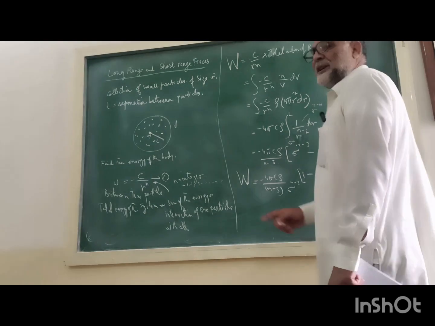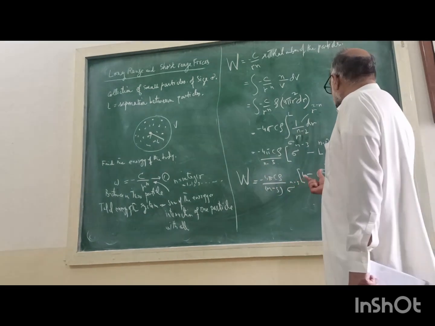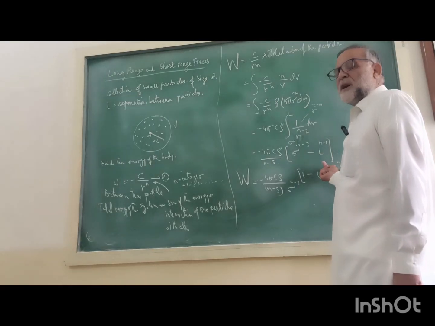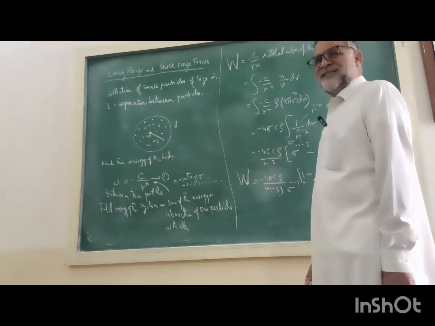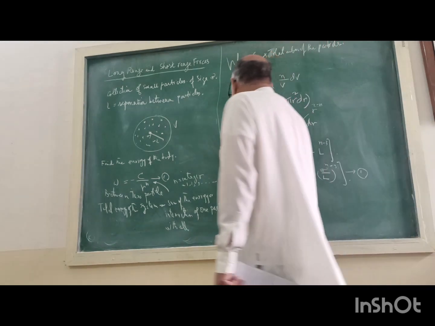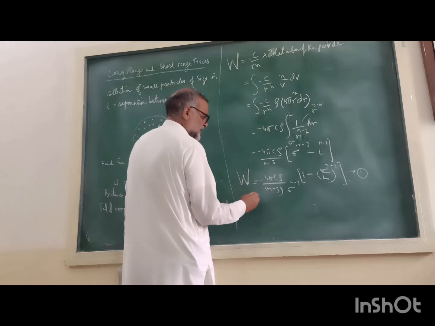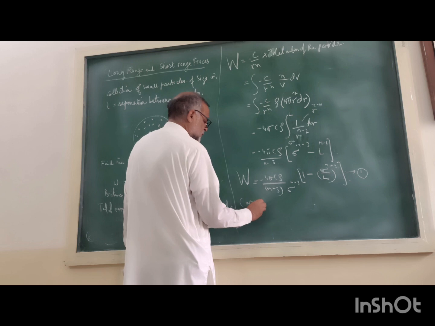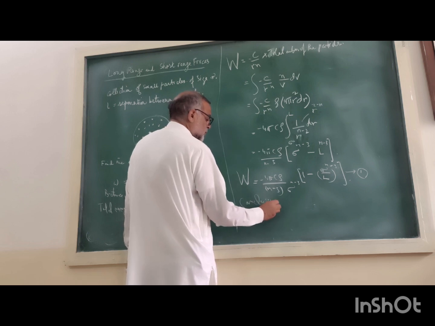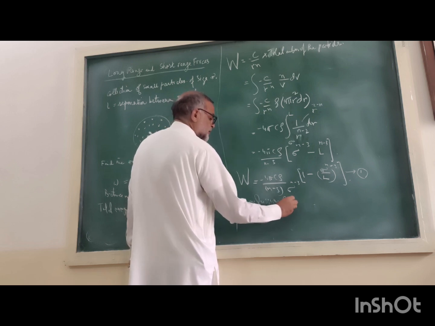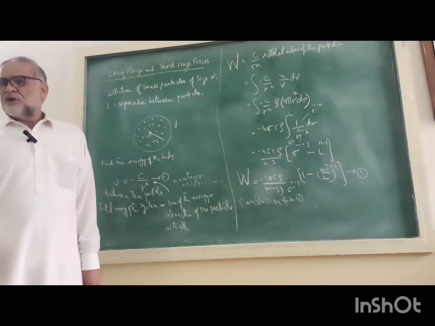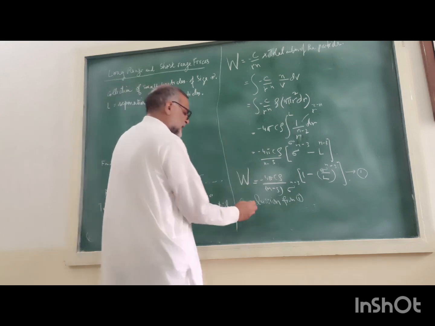So there are two cases here. Either n should be smaller than 3 or n should be greater than 3. What are the results from this equation? Our conclusion from equation number 1: we have two cases.